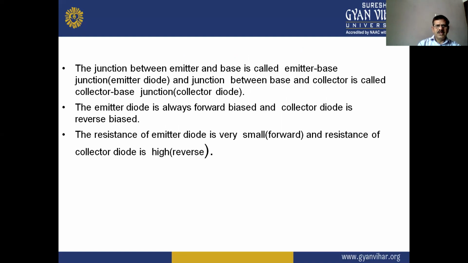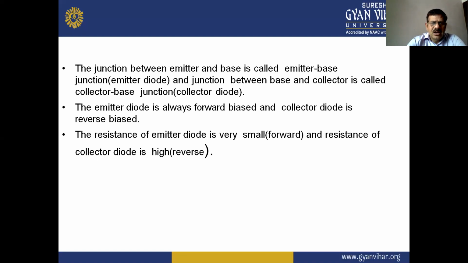The junction between emitter and base is called the emitter base junction, or the emitter diode, and the junction between the base and collector is called the collector base junction, that is the collector diode. So there are basically two junctions in a BJT, junction J1 and junction J2.